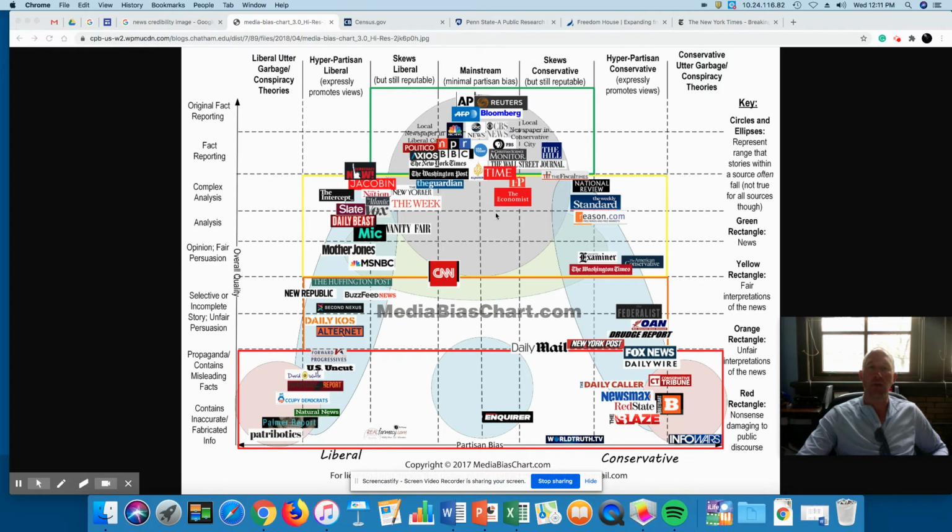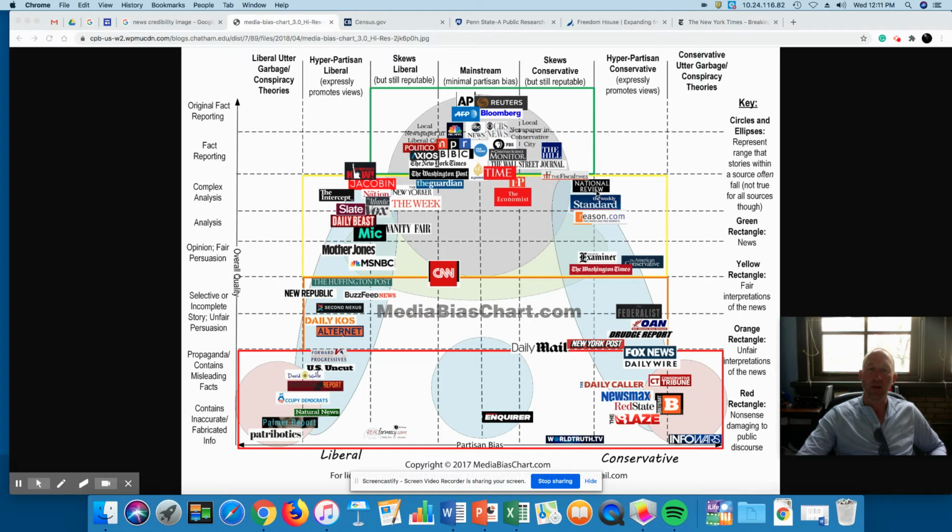But you also see we start getting a little bit more bias as they spread out. An organization like the New Yorker tends to favor the liberal or Democratic point of view, whereas an organization like the National Review or the Weekly Standard does the same type of analysis, but these two are going to favor the Republican point of view.